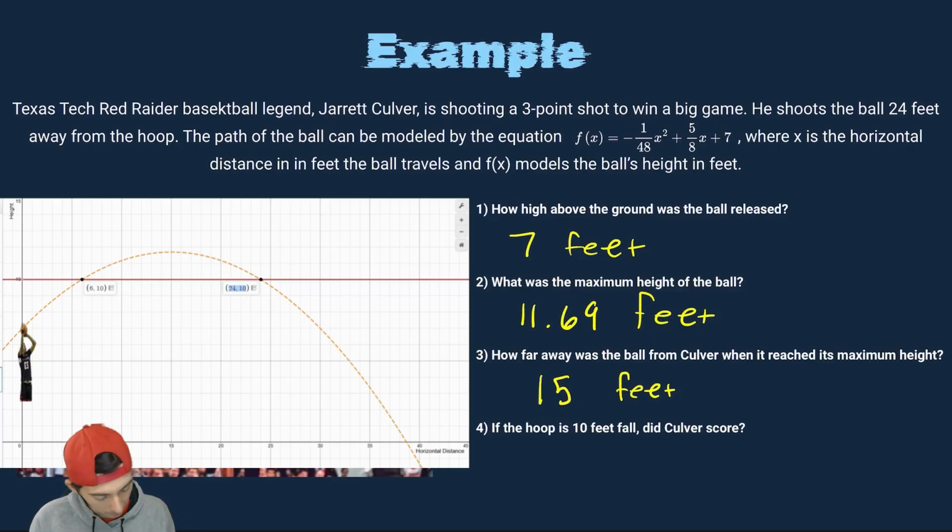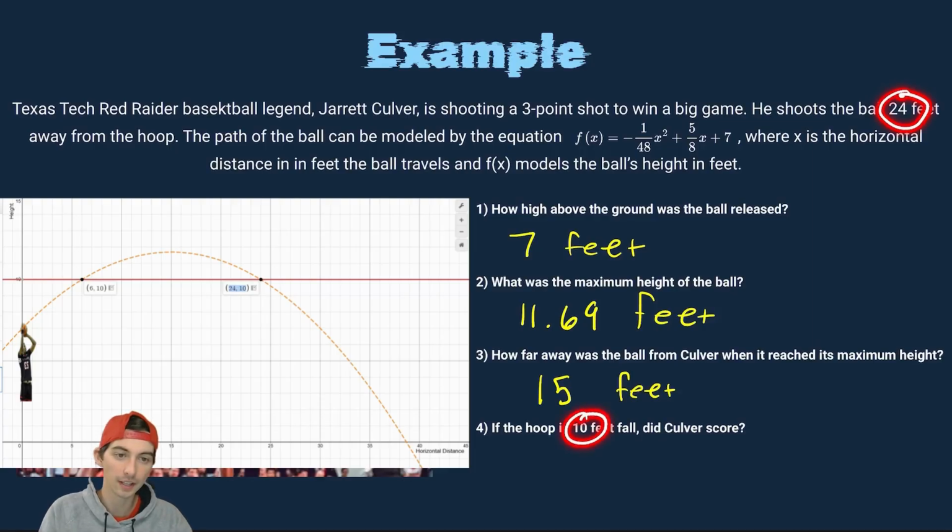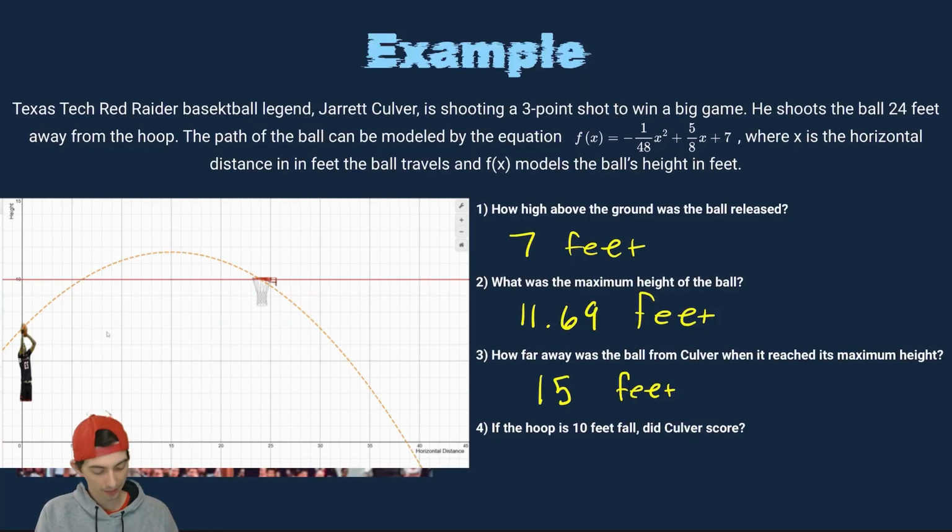And if we remember, he shoots the ball from 24 feet away. So if it's going to go through the hoop, it would have to be at the point where x is 24 and y is 10, which we see in this case. (24, 10) is a point right on that graph. So the ball is indeed going through that hoop there.